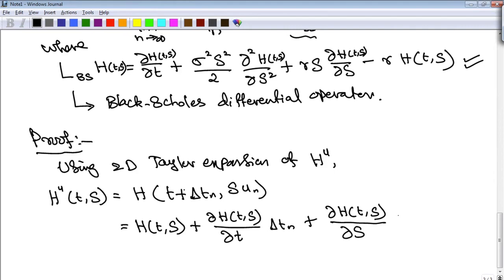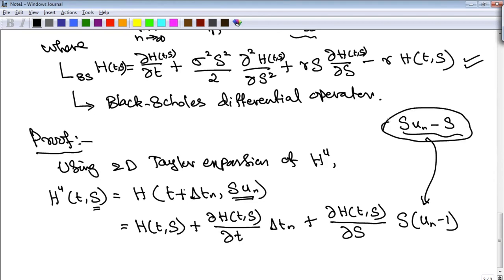The s variable change is s u_n minus s, right? That can be written as s(u_n − 1). So that is what is here. On the left side you have s, and on the right side you have s u_n. Therefore, in the Taylor expansion you have the difference between them, and I'm writing it like this.